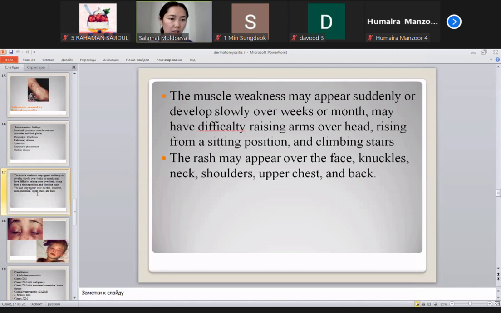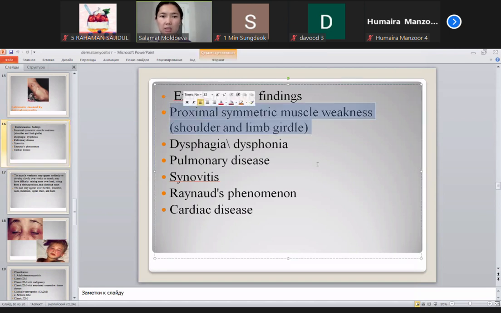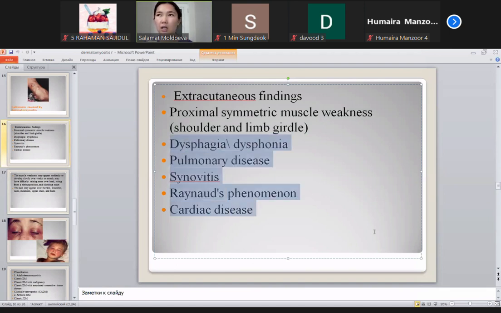and these are the main symptoms. Now about extra-cutaneous findings about proximal muscle weakness. We already said these symptoms, these clinical findings, we can find very often in patients with dermatomyositis.